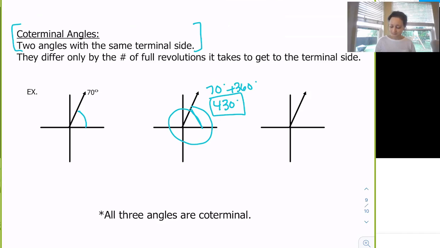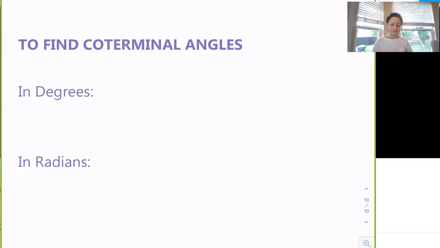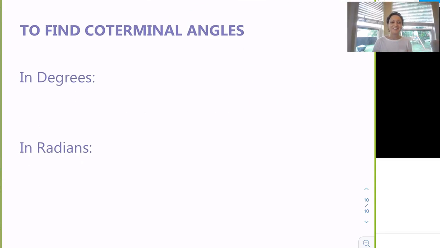We could do 70 degrees minus 360, right? So that would give me negative 290, okay? All right, so for coterminal angles, they are going to vary in degrees by plus or minus multiples of 360, okay? So let's write these together.